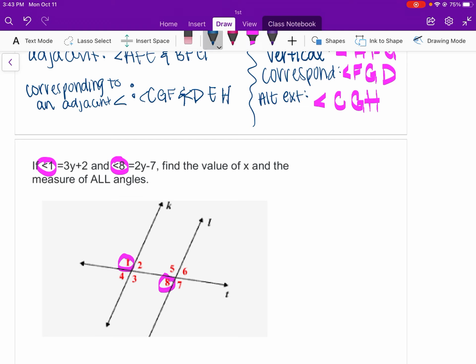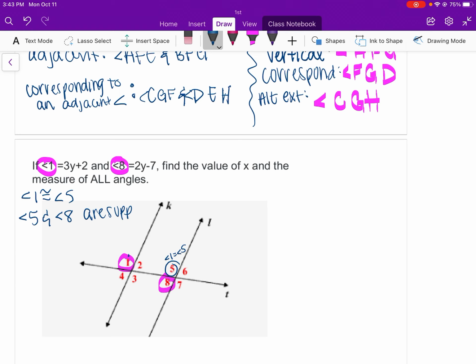We don't have an exact word for this relationship, but what we do know is 1 and 5 are corresponding, so angle 1 is congruent to angle 5, and angle 5 and angle 8 are supplementary.